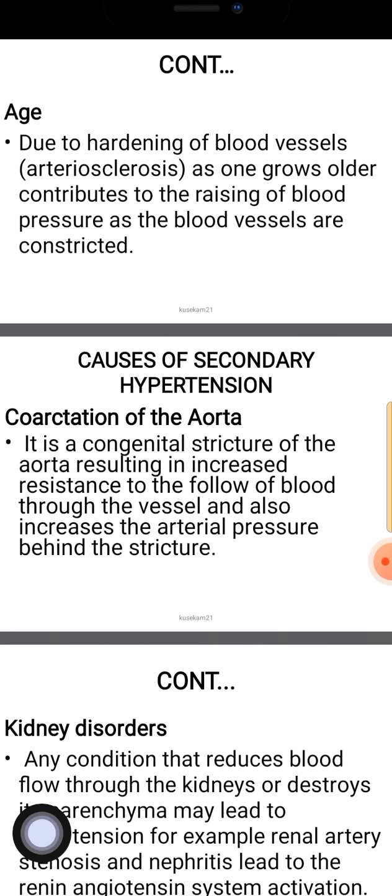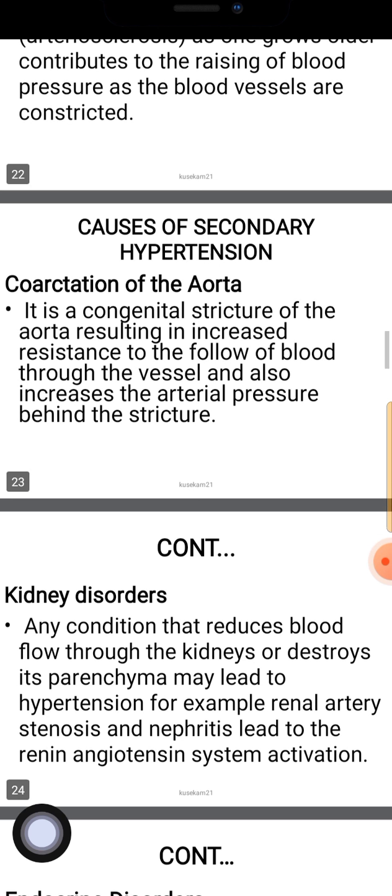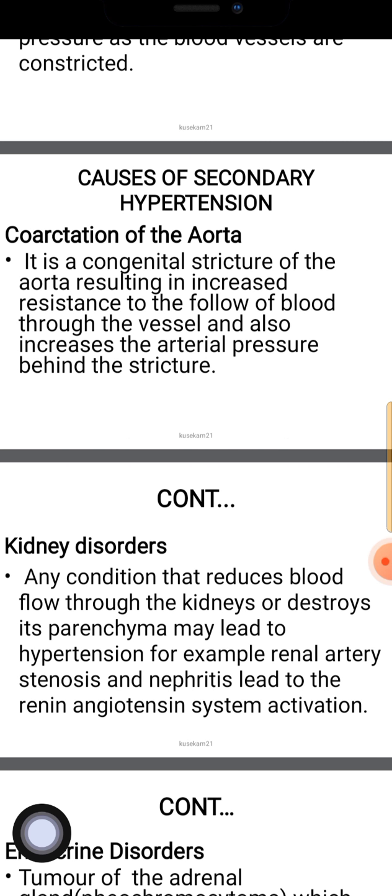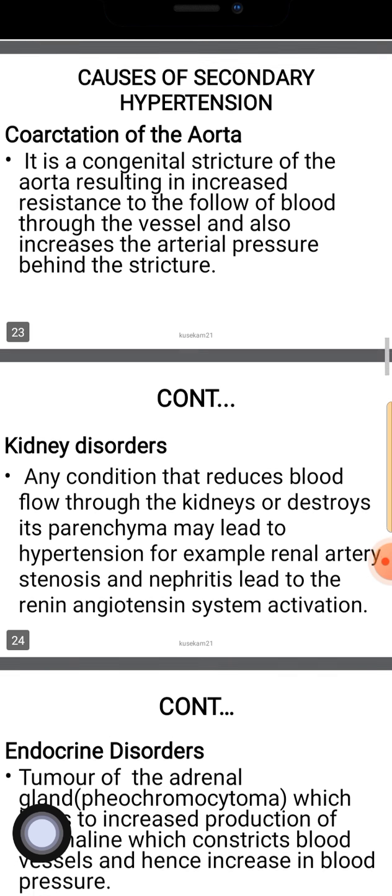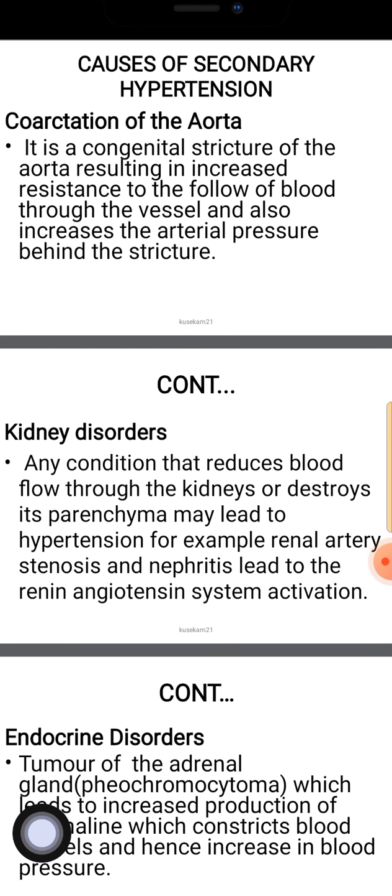Now let's talk about secondary hypertension, the predisposing factors or causes of secondary hypertension. For primary hypertension, we said it's one where the causes are not known, but you just see someone developing hypertension.